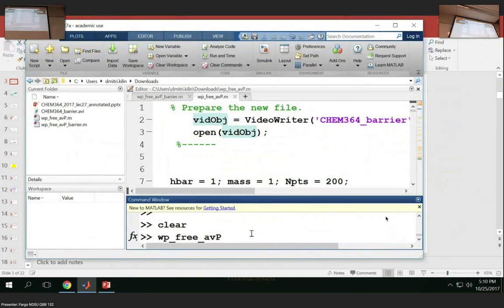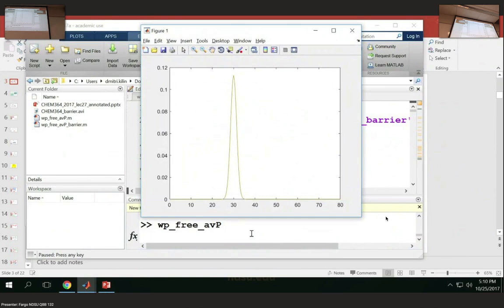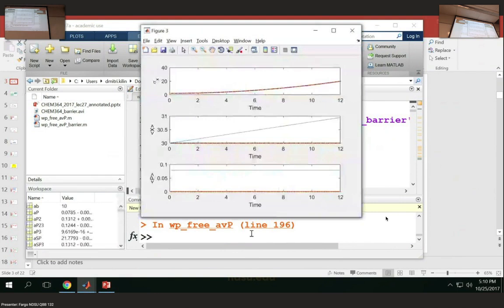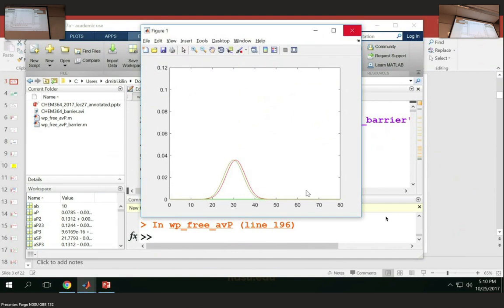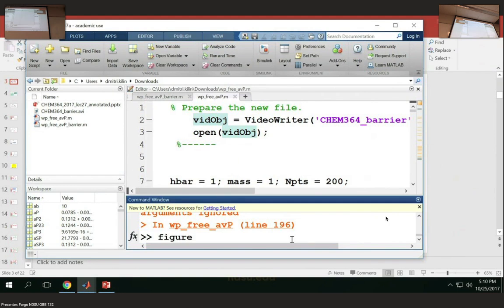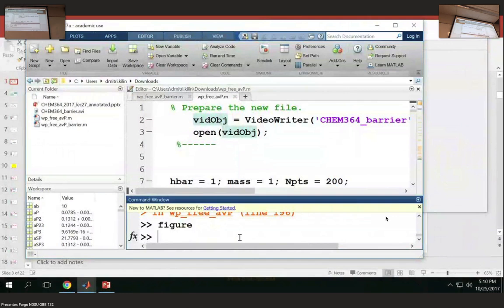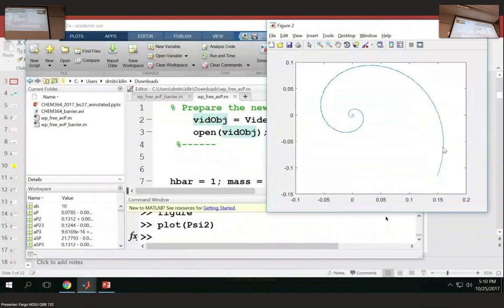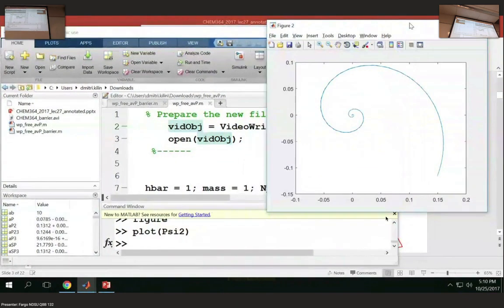So these are the things that you typically observe when you run the code. You see the initial wave packet, then you hit enter, it starts moving, and then some panels pop up. What I'm going to do is open a new figure and plot the wave function. This is what happens if you try to plot the wave function without any preparation. It doesn't look like the expected Gaussian sombrero.